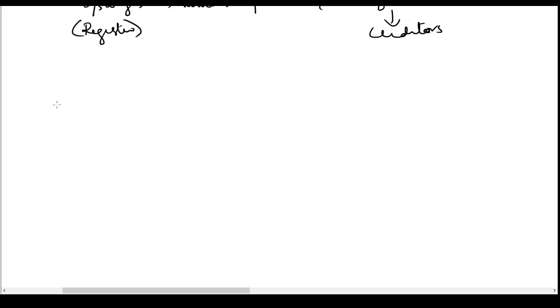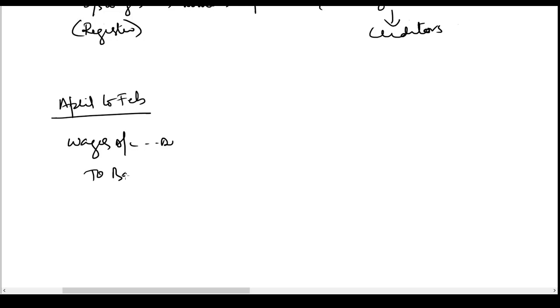When I pay it in cash, I'll write it very clearly so that it is easy to understand. April to February wages I've paid in cash, so I'll pass the entry wages account debit to bank account 1 crore 10 lakh rupees. 11 months, 10 lakh each month, 1 crore 10 lakh rupees.